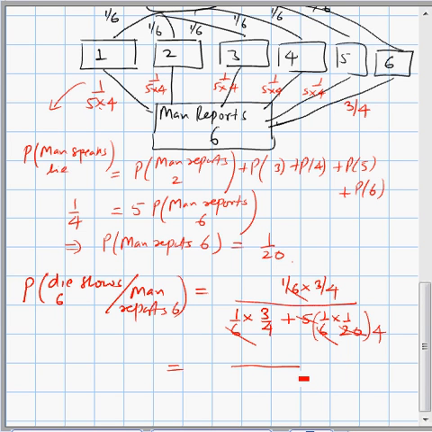So the denominator is 3 by 4 plus, cancelling, 1 by 4. Numerator is 3 by 4. So the probability is 3 by 4.